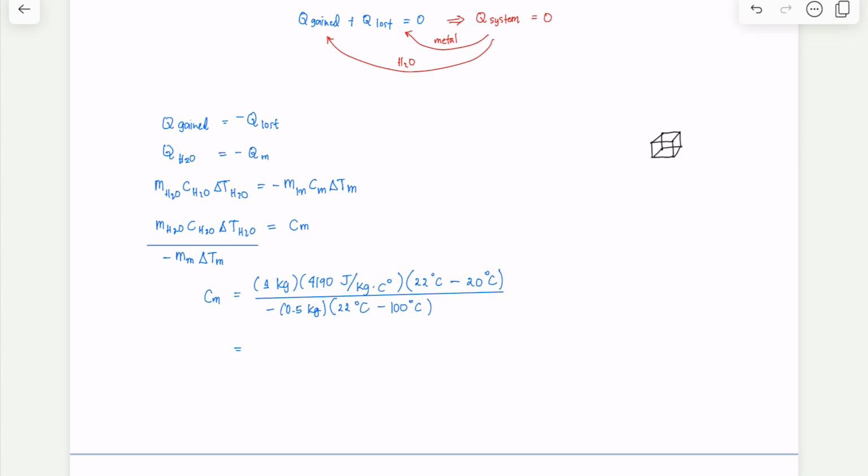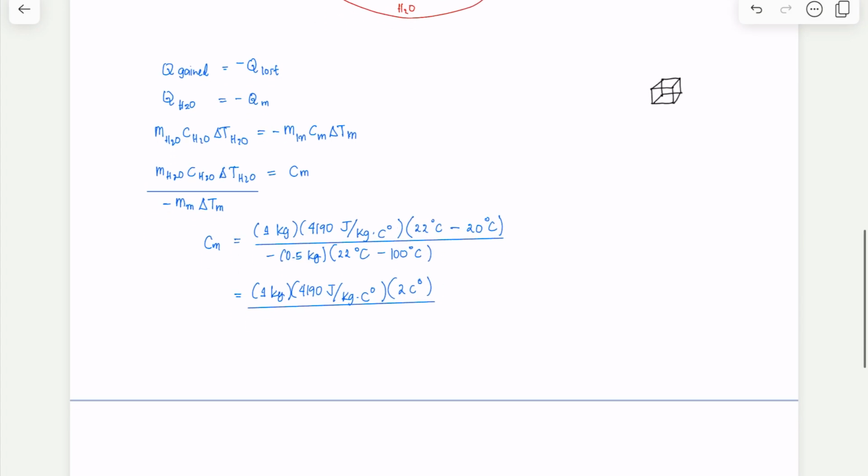So when we try to simplify this one, we get 1 kilogram times 4190 joules per kilogram Celsius degree. 22 minus 20 will give us 2 Celsius degree. So as you can see, the Celsius degree would cancel out there. And on the denominator, we get negative 0.5 kilograms. And then 22 minus 100 degrees Celsius will give us, let me do the calculation, negative 78.